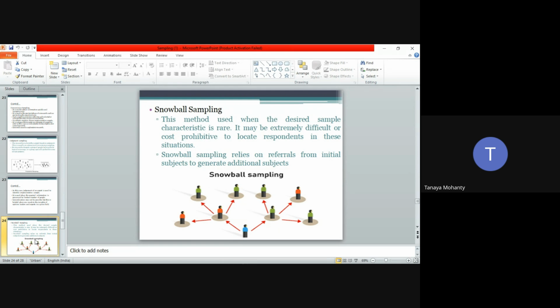So like this I will go on till I get the ultimate sample size for myself. This is called snowball sampling. It relies on referrals from initial subjects to generate additional subjects.